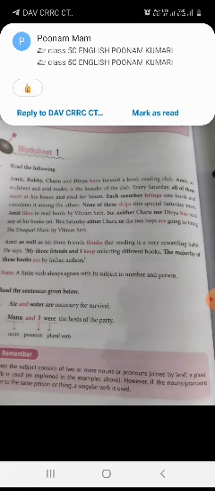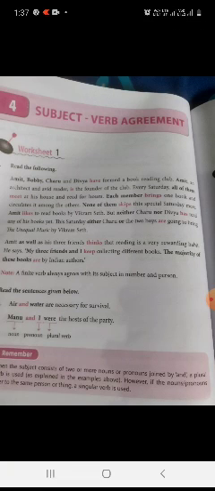They are so close to each other that they are not considered two different objects, rather they are considered a single one. In that situation we use a singular verb, not a plural verb. For example, bread and butter. So bread and butter, they go parallel. They are not considered two different objects. They are always used together, and that is why they have a very close relation with each other, and they are considered a singular one.